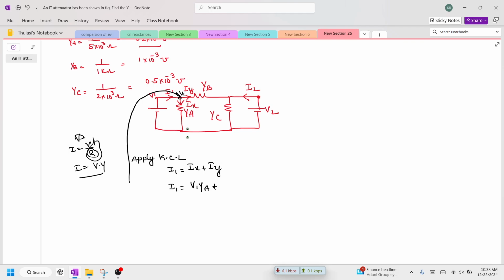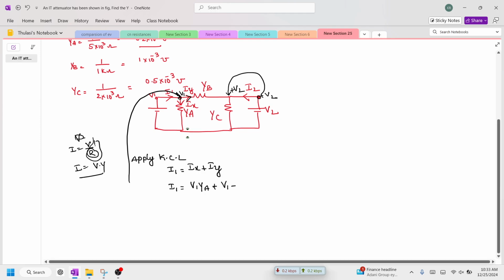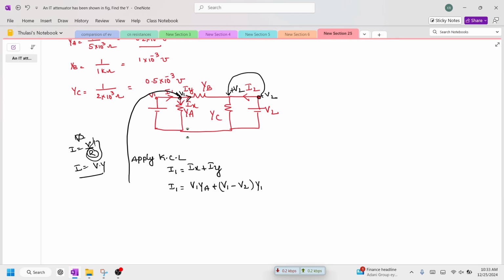So how to write down the Iy current? The voltage at this point is V2. Since it is short circuited, this voltage will be moved to this point and will act as V2. How to write down the current Iy? We write V1 minus V2, high potential minus low potential, multiplied with YB.